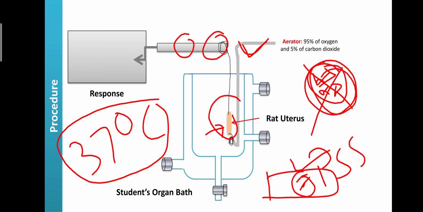Then you can confirm how much drug is present in your test solutions or your prepared solutions by using the rat uterus. But you should use the rat uterus when it is showing the menstrual flow, which you can confirm by taking the vaginal smear.